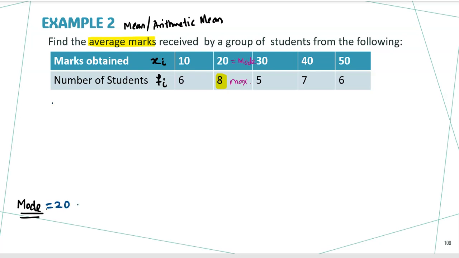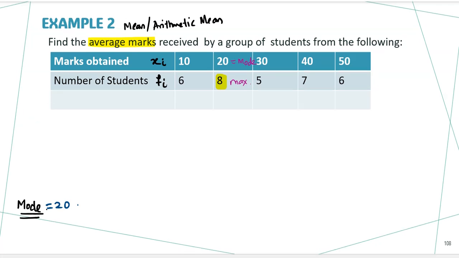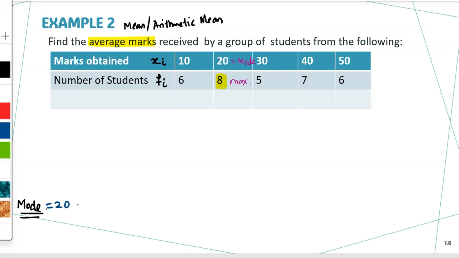Now, to get the mean, we have to find the product, x multiplied by f. It doesn't matter whether you get a horizontal table or a vertical table; the basic idea is the same.